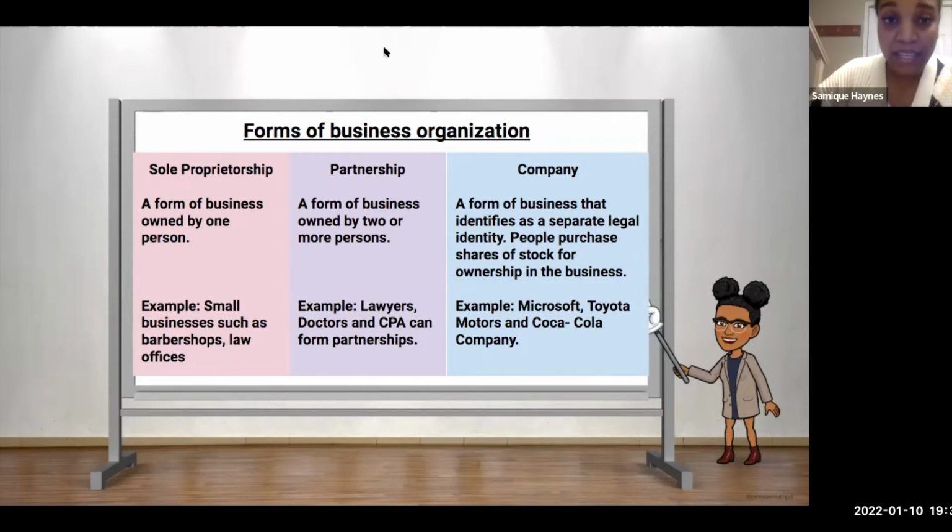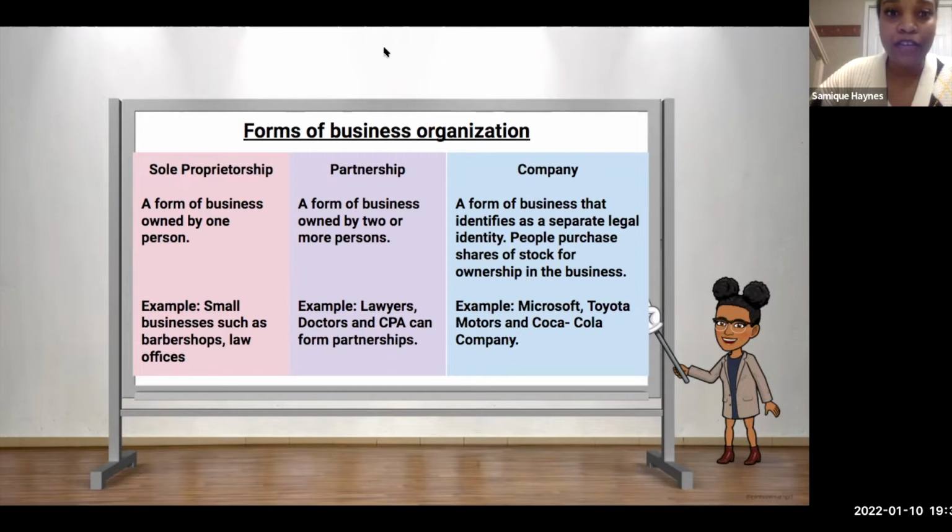Exactly. Somebody can sue the company, but even though I am one of the stakeholders, owners, or shareholders in the company, my assets, the things that belong to me, don't have anything to do with that legal case. Whereas in a sole proprietorship and a partnership, if they sue, the business is pretty much me.